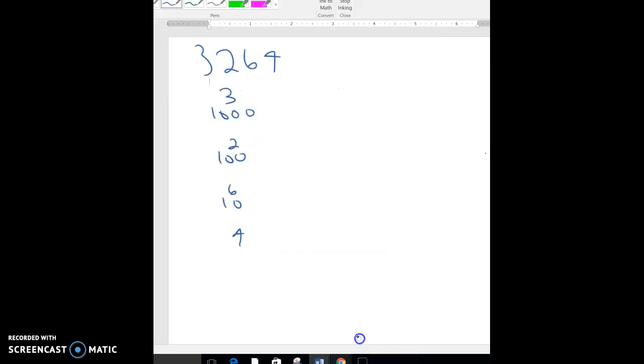And so if I go back over here, they would have drawn 3. So there's their 3. And then their 1,000, so you would know, oh, I have 3 of 1,000. And then you'd look at their number 2, and you'd say, okay, I have 2. And then they would have a symbol for 100. And then you would look for the symbol for 6.